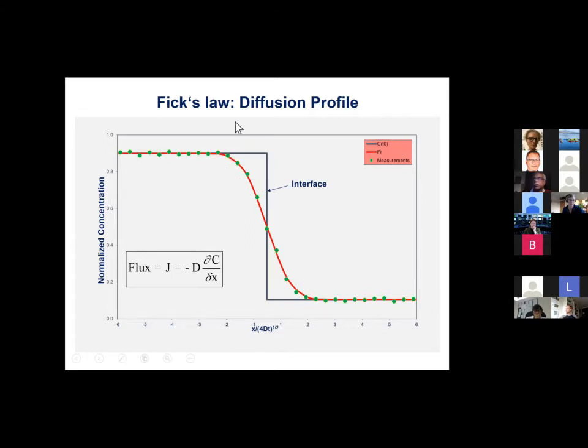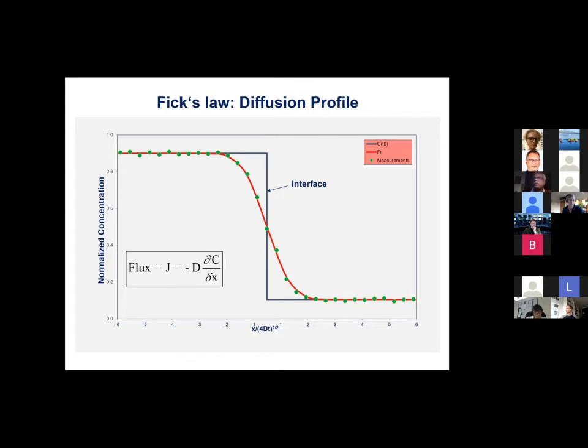And that's what's described by Fick's law, which tells you that the flux of atoms, in moles per square centimeter per second, is proportional to the concentration gradient, and the proportionality constant is the diffusion coefficient.